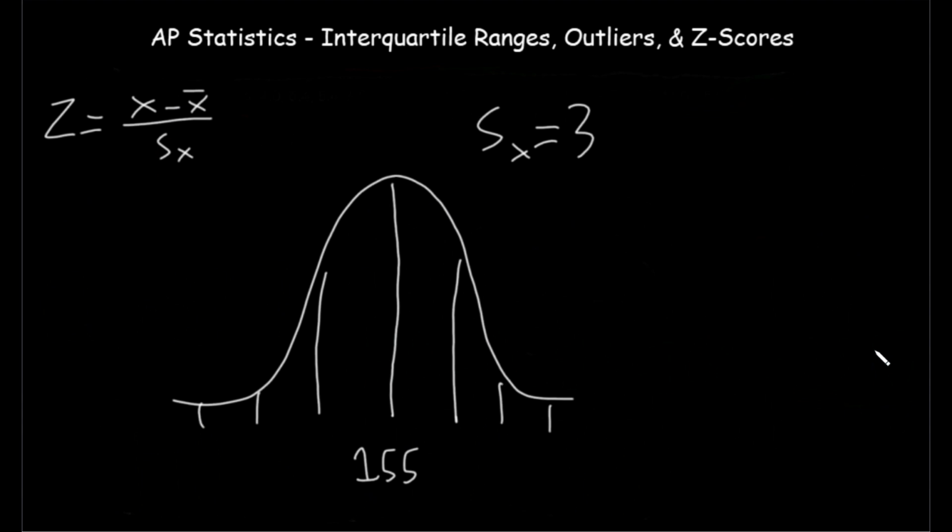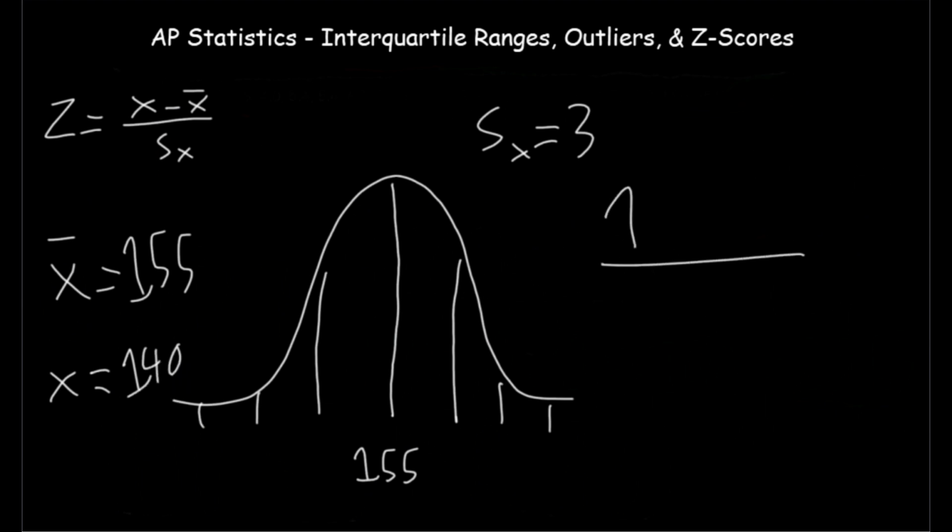So we have 155 as our mean, so we can actually write that over here. Now, let's say we want to find the z-score at, say, I don't know, 140. So what you're going to have to do is plug in x, which is 140, minus 155, which is your mean.